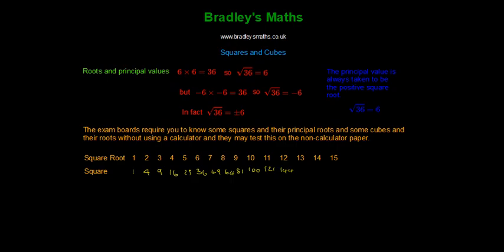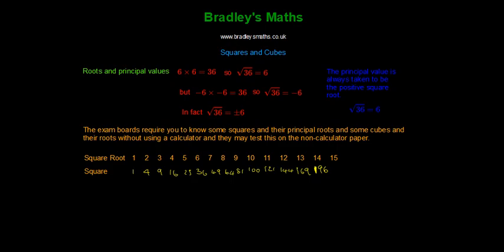13 squared is 169, so the square root of 169 is 13. 14 squared is 196, so the square root of 196 is 14.